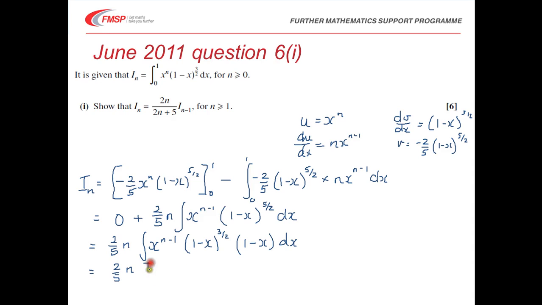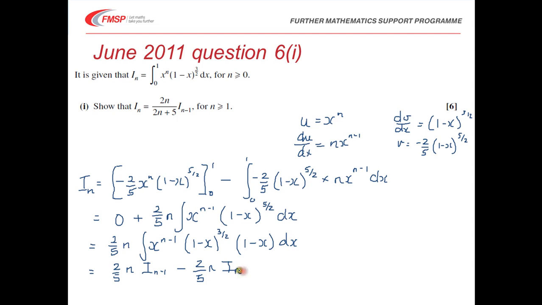Well, that's just I_(n-1). And then we've got a minus x times that, which is going to be I_n. So we're going to have minus 2/5 n times I_n.